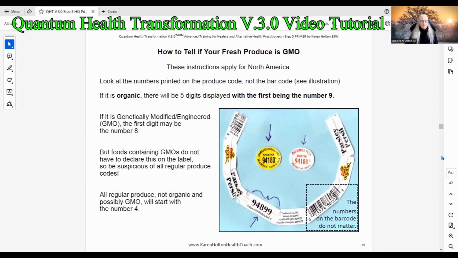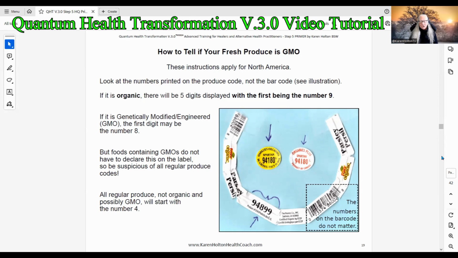If it is genetically modified or engineered, GMO, the first digit may be a number 8. But foods containing GMOs do not have to declare this on the label, so be suspicious of all regular produce codes. All regular produce, not organic and possibly GMO, will start with the number 4.